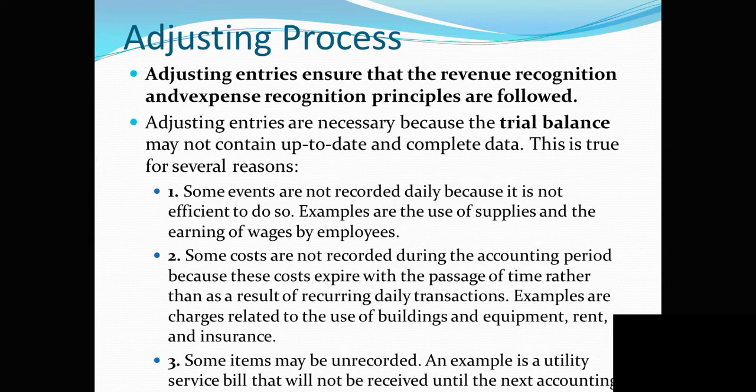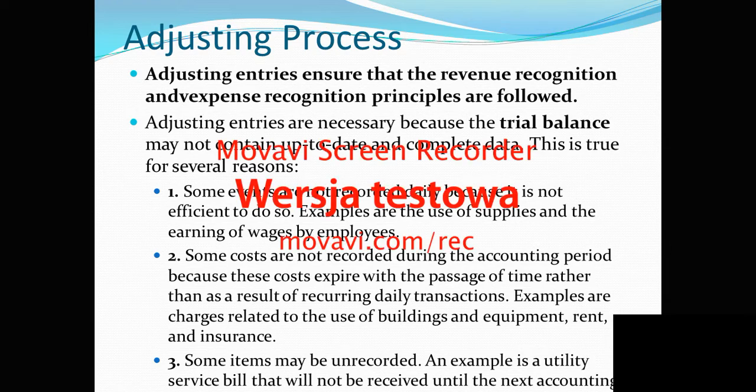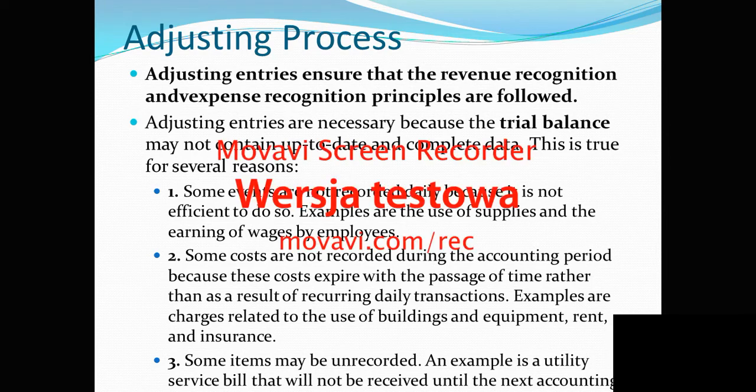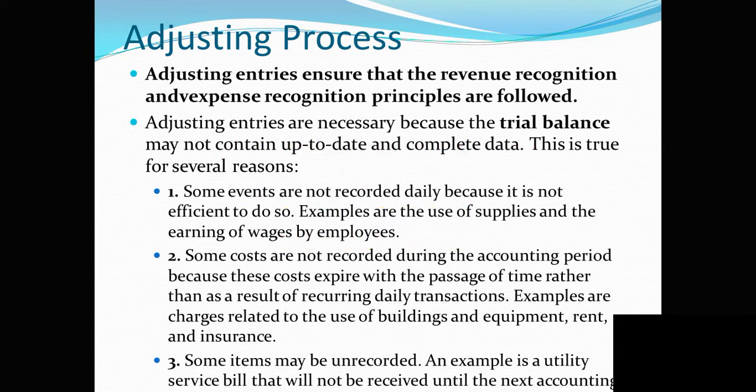So, the reasons why some information could be missing. Number one is some events are not recorded on a daily basis because it's not efficient to do so. Examples could be supplies and the earning of wages by employees. Supplies are purchased at the beginning of, let's say, a fiscal year, and then they are used, and at the end of the period when you are preparing the financial statements, you make an adjustment for how much of those supplies you used.